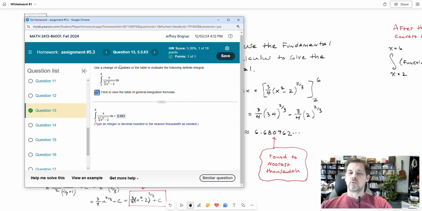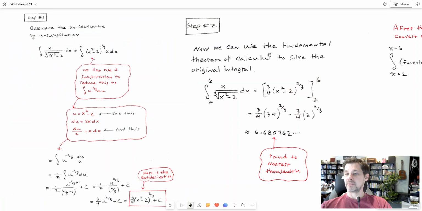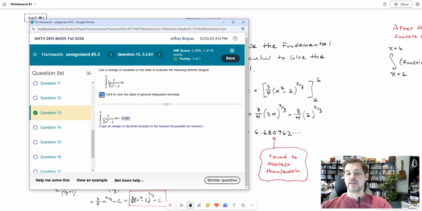Now, when I start solving a definite integral like this, what I think about is the fundamental theorem of calculus. And in order to use that, I need to find the antiderivative of this function that's given to me, which is x divided by the third root of x squared minus 2.